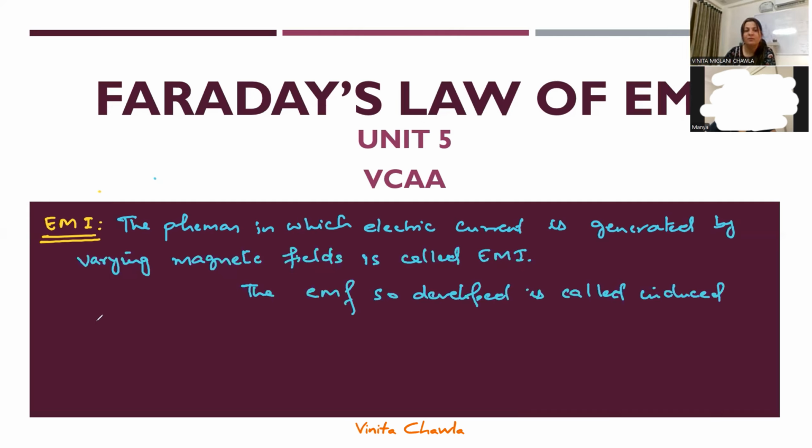EMF, full form of EMF is electromotive force. This we had discussed, I think, in the previous section as well. The EMF so developed is called induced EMF. And because of this, the current produced in the wire, in the coil, is called induced current.